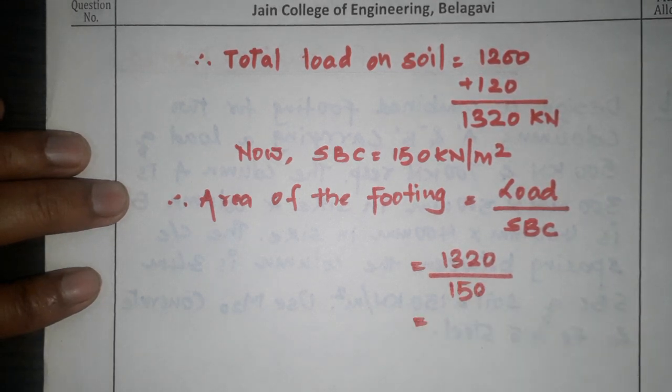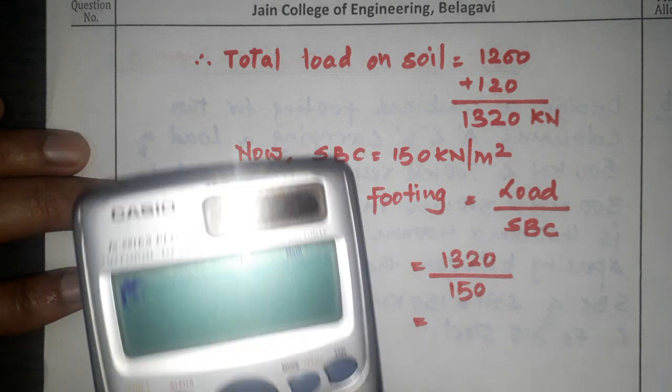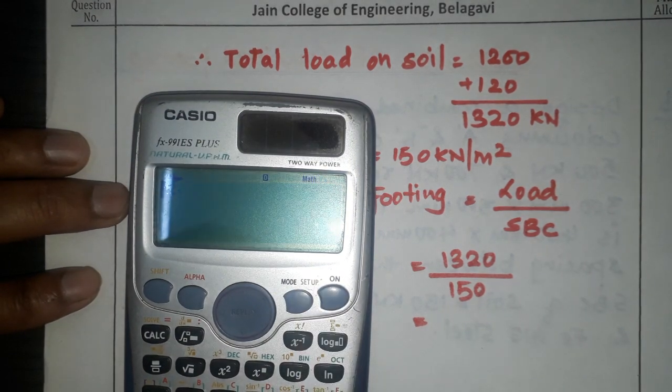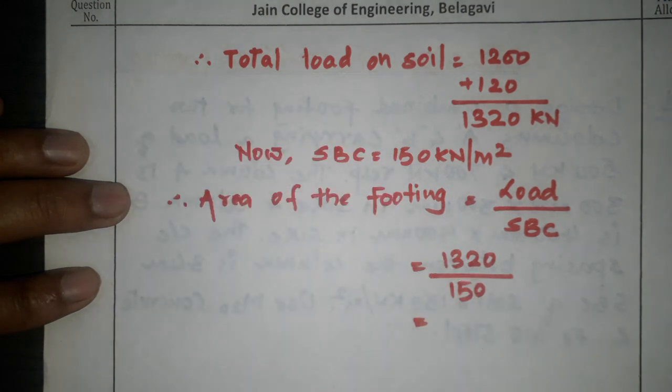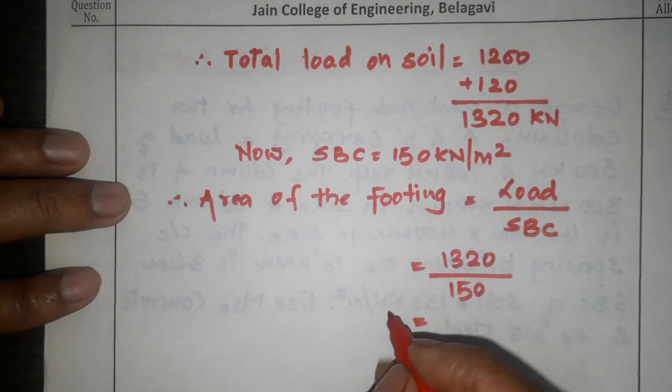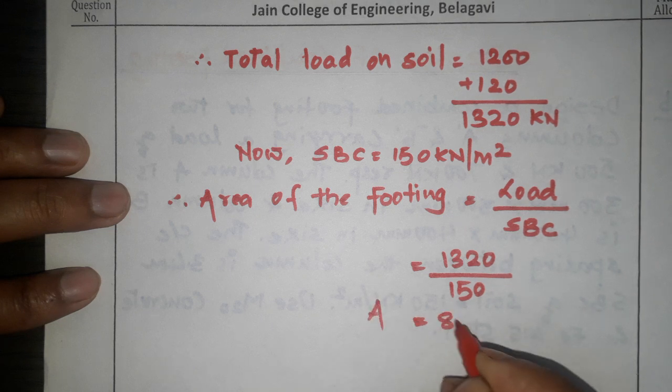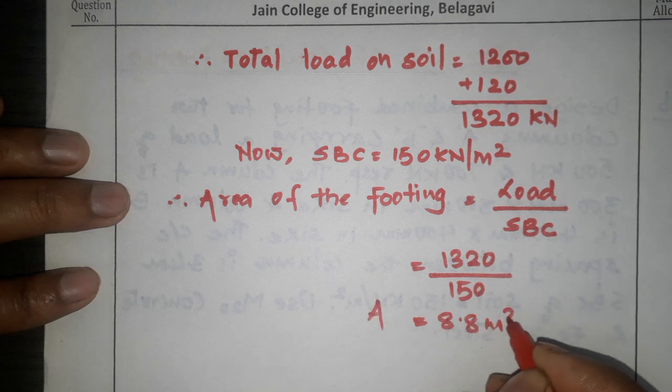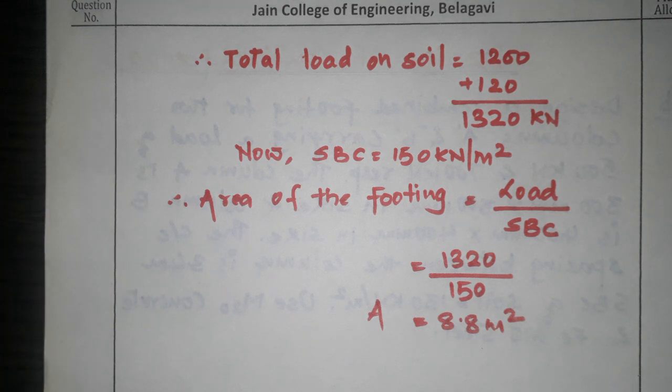If we check 1320 divided by 150, we'll get 8.8 meter square. So we have to provide an area of 8.8 meter square. Understood? Then what do you have to do?